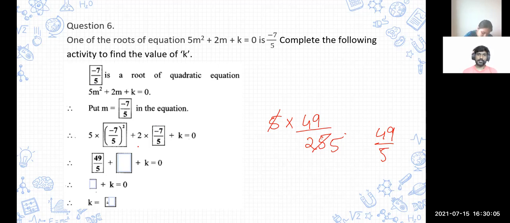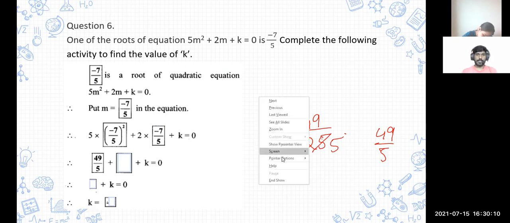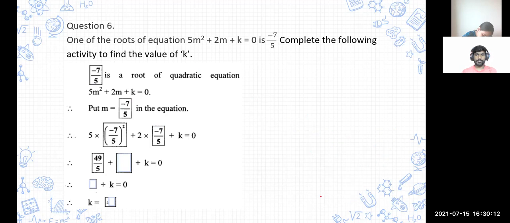One second, wait. And what will come in the second box? It is minus 7 upon 5. You're forgetting the 2. Oh yeah, you have to multiply 2 with only the numerator, right? Yes. So minus 14 upon 5. Correct. All these boxes are really very small.